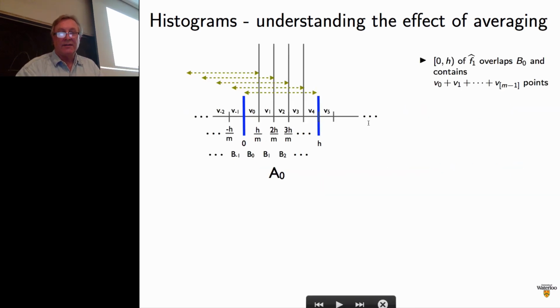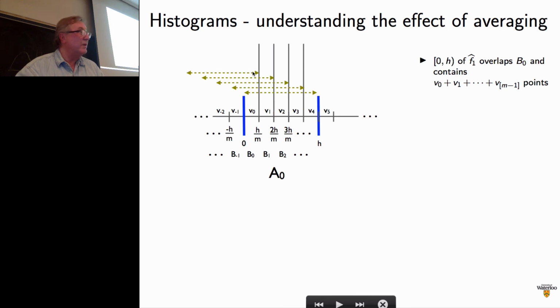So what does that look like? I'm looking at b0, this interval here, where it says v0. The first histogram we looked at covers that, so the count in the first histogram is going to be v0 plus v1 plus v2 plus v3 plus v4. The next histogram, which is shifted over one, the part that's going to cover it is just this bin.